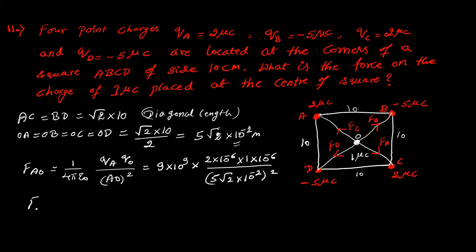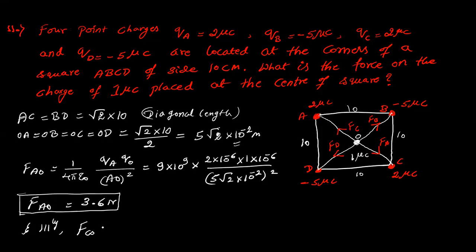Solving this, we get FAO as 3.6 Newton. This is from the corner A on the charge O. Similarly, from the corner C on the charge O, the force FCO or FC also comes as 3.6 Newton. This is along CO.